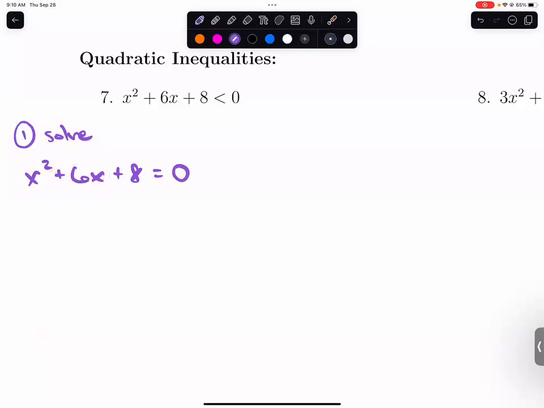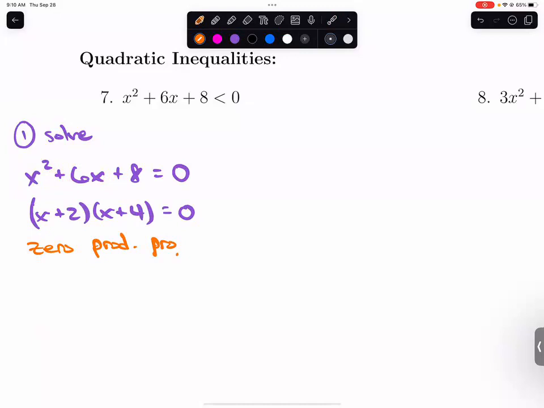So this factors as x plus 2 times x plus 4. And then the zero product property says that either x plus 2 is 0, which happens when x is negative 2, or x plus 4 is 0, which happens when x is negative 4.